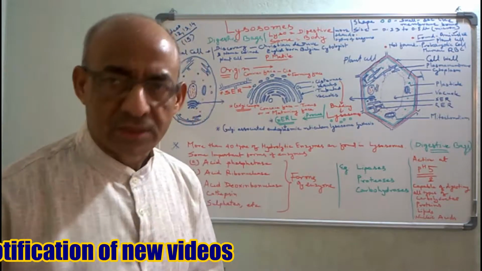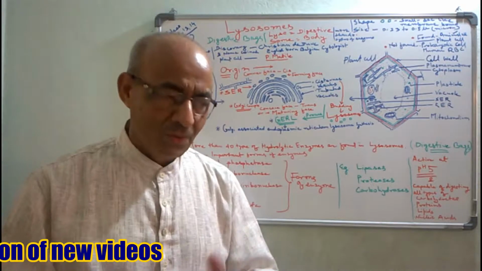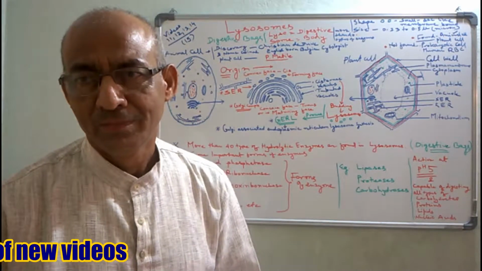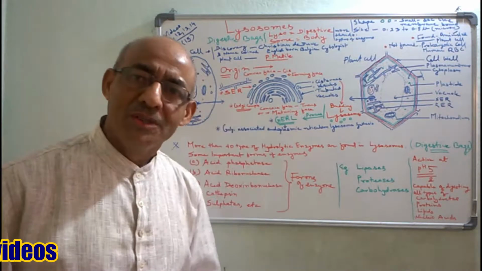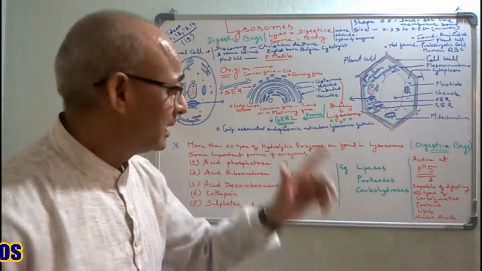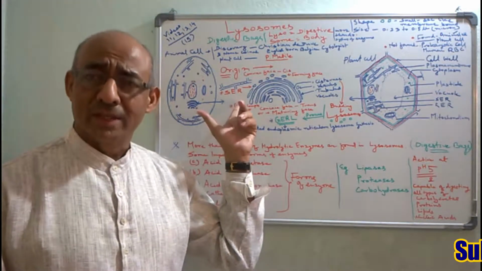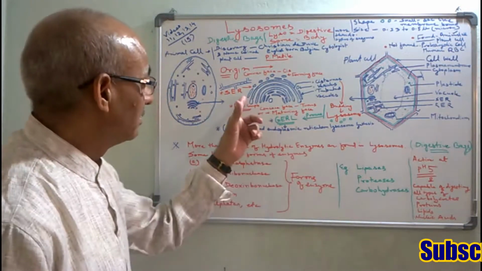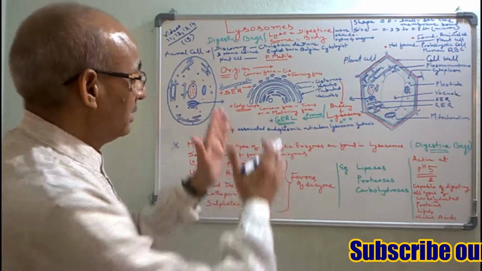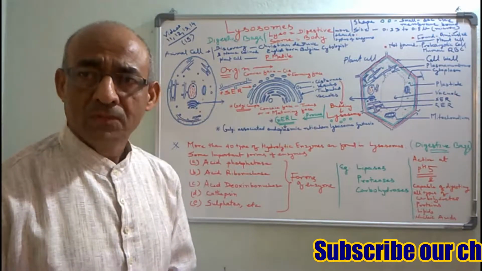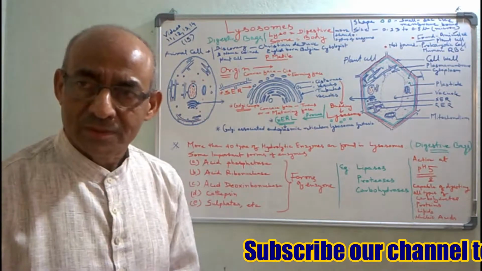In this context, you should know the lysosomes are originated by the Golgi bodies in association with the endoplasmic reticulum. See here, I have drawn a separate diagram for showing you the origin of the lysosomes.